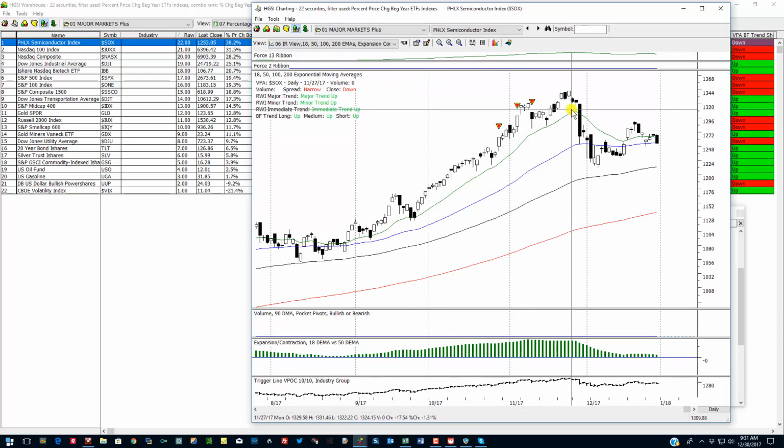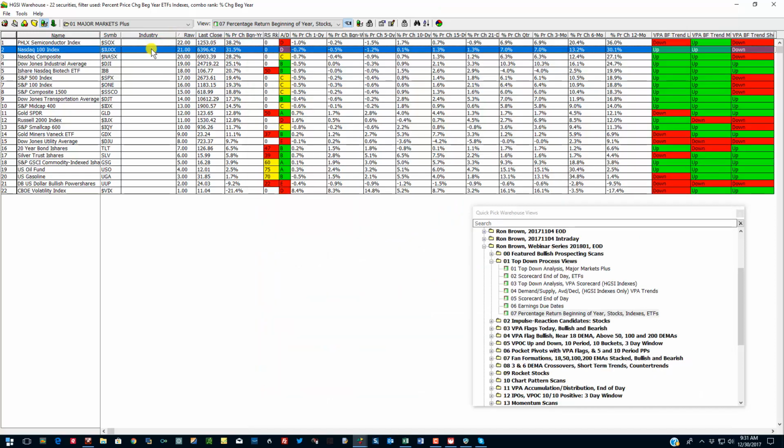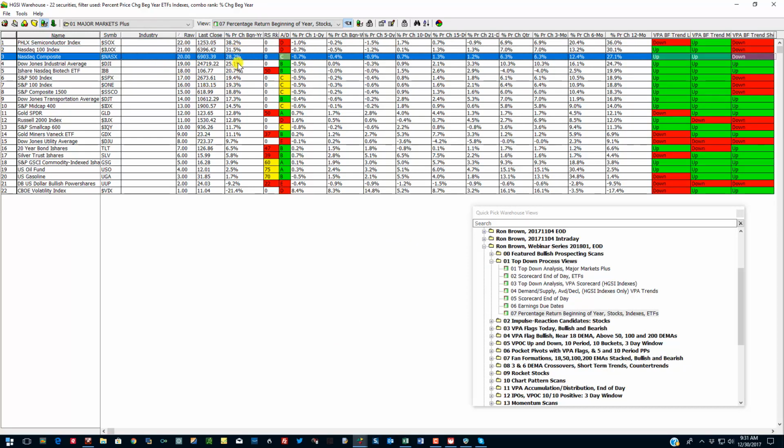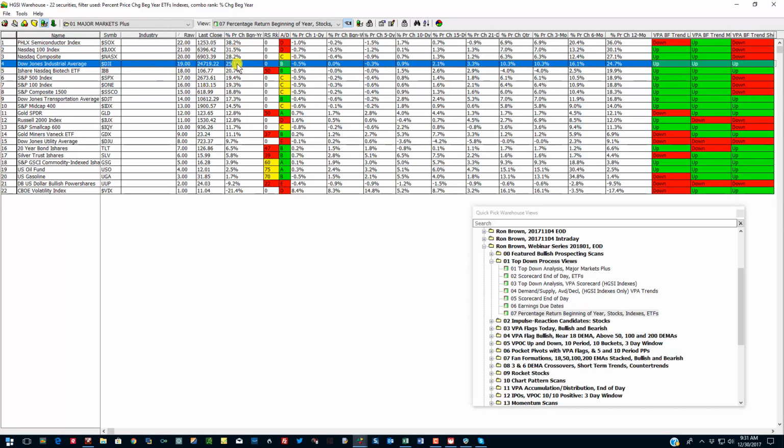It was very strong for most of the year, and then the tech sell-off, not a major sell-off, but it did hurt. The semiconductor stocks did get hurt, and they really have not fully recovered yet. Most of them were down yesterday. Now this is followed by the NASDAQ 100, 31.5%, the NASDAQ Composite 28.2%, and the Dow 25.1%.